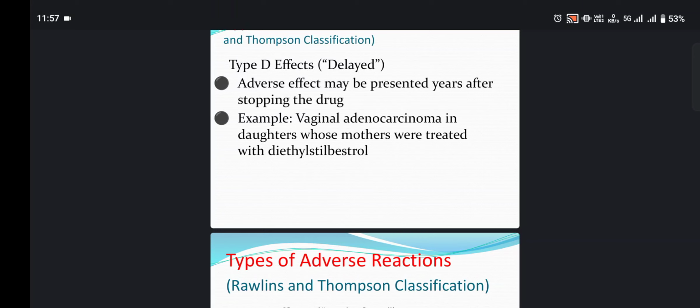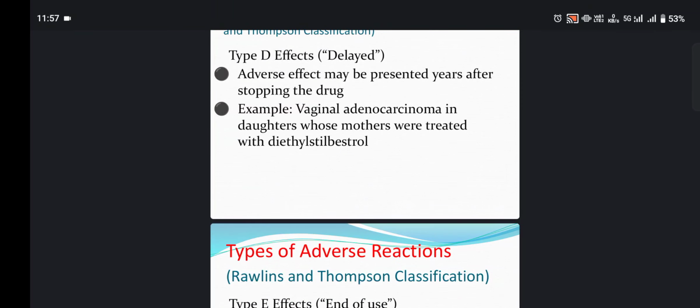So this drug passes to the next generation, and that generation is going to face that carcinogenic kind of effect. Means this drug is forming a carcinogenic effect in the next generation. That is what happens in a delayed adverse effect.